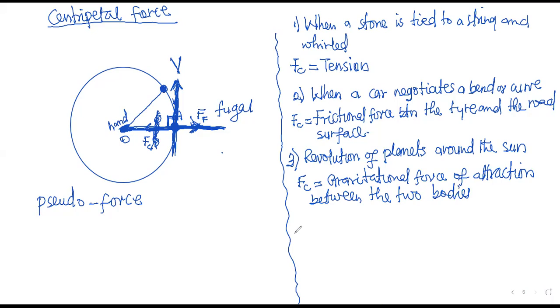Then 4. Electrons orbiting the nucleus. What provides the centripetal force in this case? What provides the centripetal force whenever an electron orbits the nucleus? Electrostatic force.